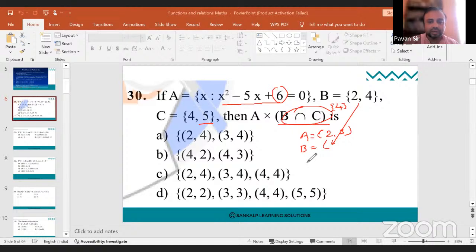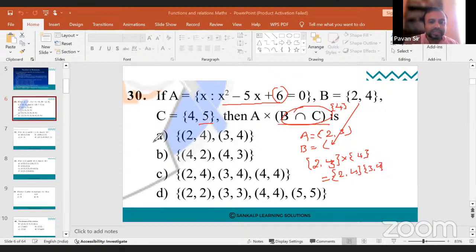The common element of B intersection C is 4. So write it as ordered pairs: (2, 4) is the first one, and the second one is (3, 4). So this is (2, 4), (3, 4).